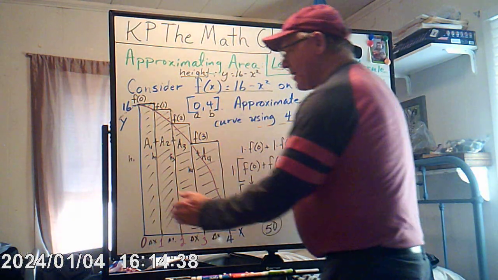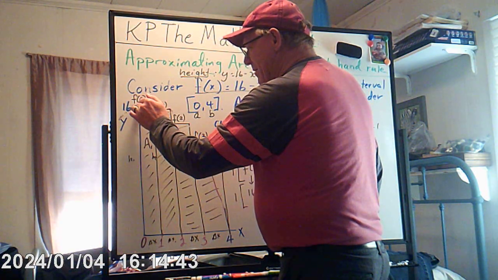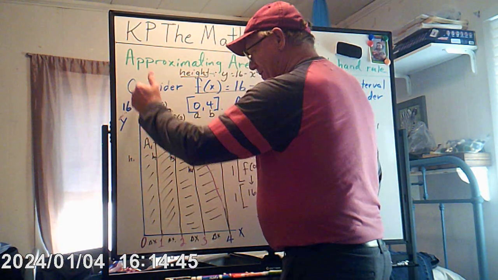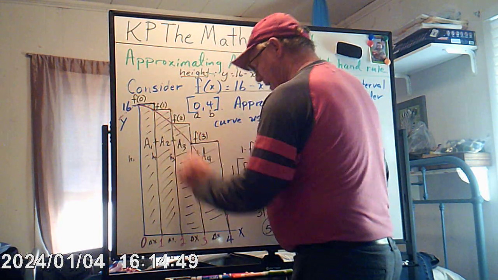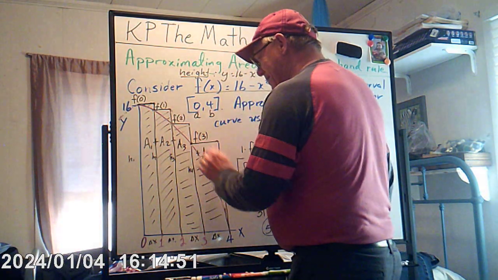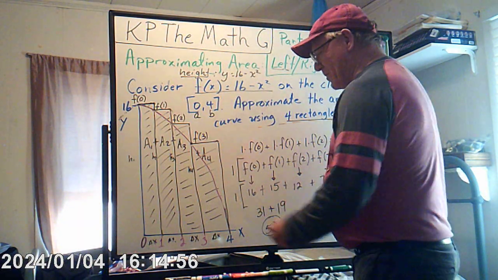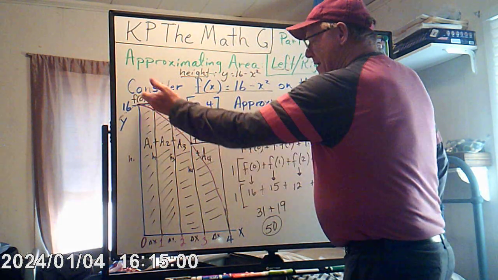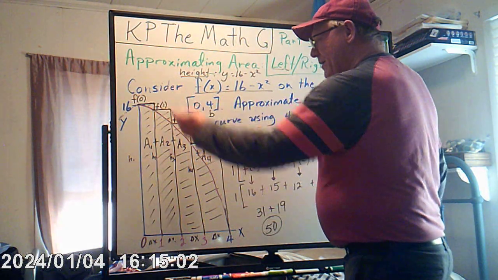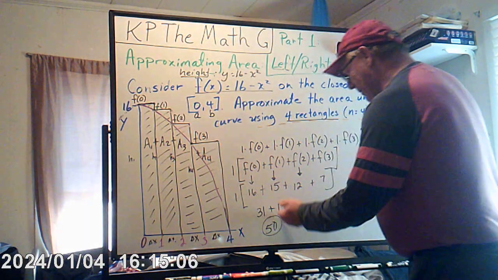On the left hand rule you started off at f at 0, which is the height. f at 1 is this height, f at 2 is this height, f at 3 is this height. You don't deal with f at 4 because f at 4 is not touching the pink curve. So we got an area of 50.